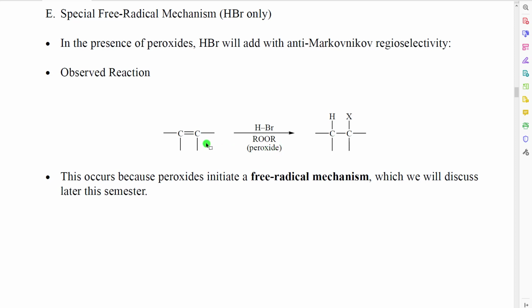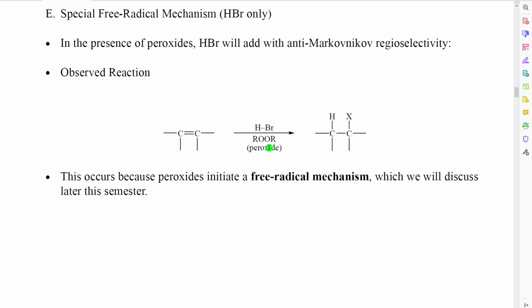Peroxides cause this reaction to go by a different mechanism which doesn't use carbocations. It uses what are called free radicals. We're going to discuss free radicals in a later chapter. At that time, we will explain how this results in an anti-Markovnikov product. For right now, what you need to know is that for hydrogen bromide only, we need to be concerned about whether there are peroxides or not.